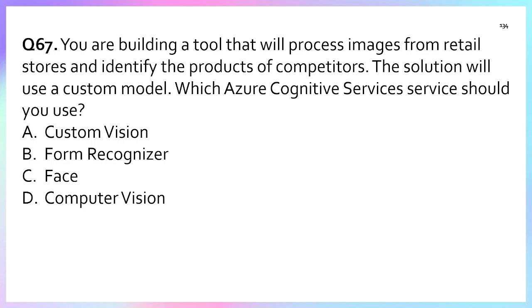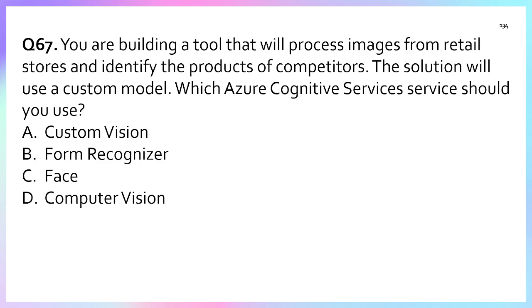You are building an AI tool that will process the image to identify the products of the competitors. Definitely we are using something by which, on the basis of the image, we can identify the product. So it's a part of custom vision, face recognition, computer vision.